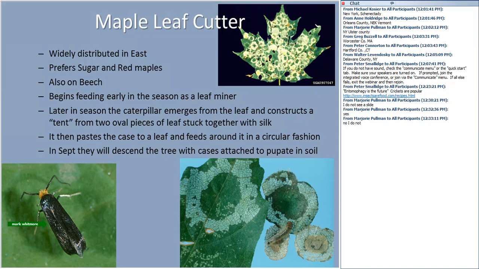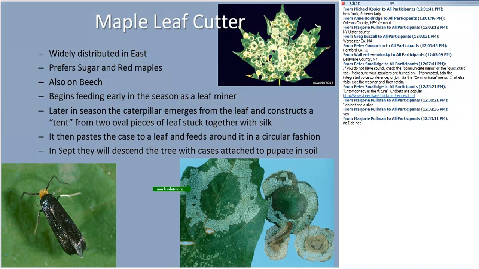And after a little bit of time, it comes up out of that feeding spot and cuts out a piece of the leaf and pastes it over it, so it makes a little feeding shelter. And here you see up on the left-hand side, there's all these places where it's been feeding on the leaf. So it's very characteristic, very easy to see and identify this insect.